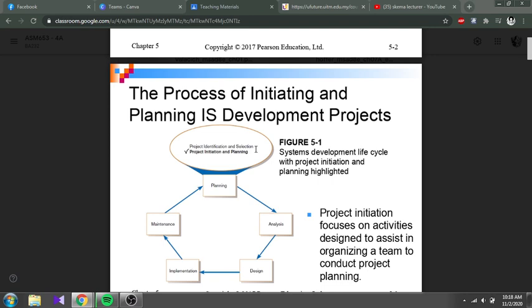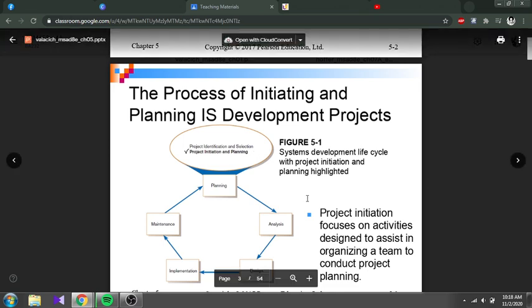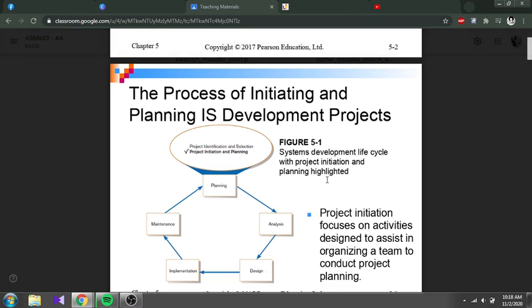Regardless of how the project is identified and selected, the next step is to conduct a more detailed assessment during project initiating and planning. So that's why we are going to look at this matter in more detail. The assessment does not focus on how the proposed system will operate, but rather on understanding the scope of the proposed project and its feasibility of completion given the available resources.